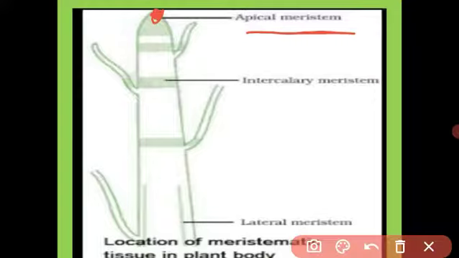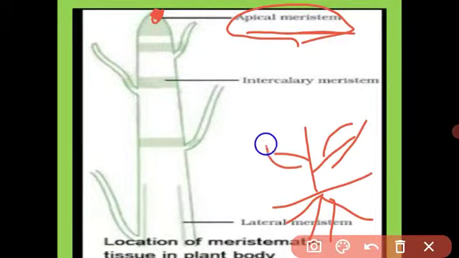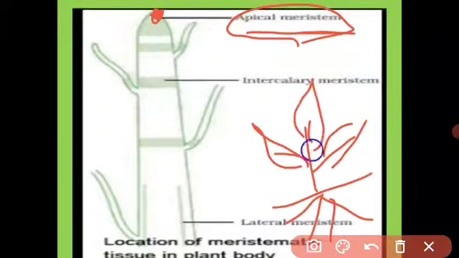New tissue, new cells, new leaves, new flowers, new branches arise due to the apical meristematic tissue. Understood, student? See, in the plant there is the root and the shoot part. These parts grow due to the meristematic tissue. So apical tissue is present on the tips of the growing parts.